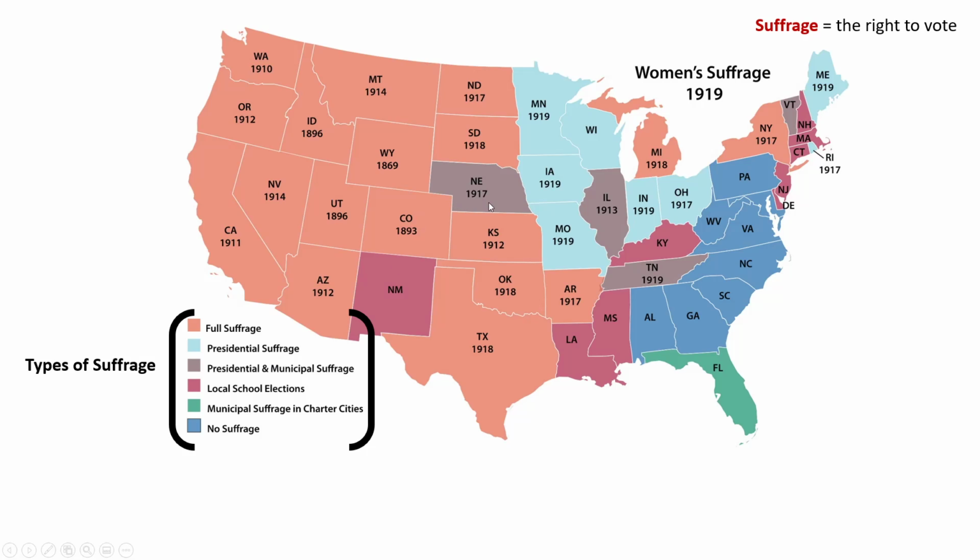And we see states like Nebraska, Tennessee, Vermont, Illinois, and in our pinkish or magenta, maybe that's a good color, places like New Mexico, Louisiana, Mississippi, Kentucky, a bunch of other northeastern states, they said women can only vote in local school elections, vote for the school board, that type of thing, which isn't that much voting power.